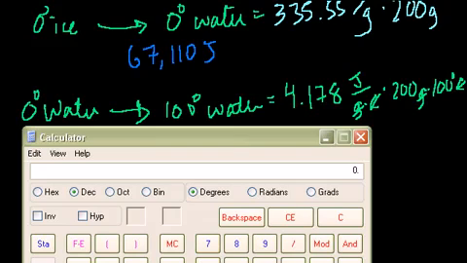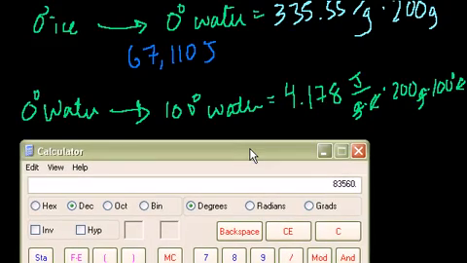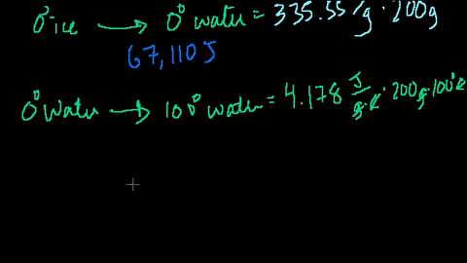Oh, I pressed the negative button instead of the times. 4.178 times 200 times 100 is equal to 83,560 joules. Okay? So we get 83,560. And does that look about right? Let's see, 4 times 200 is 800. 800 times 100, yeah, that's about right.